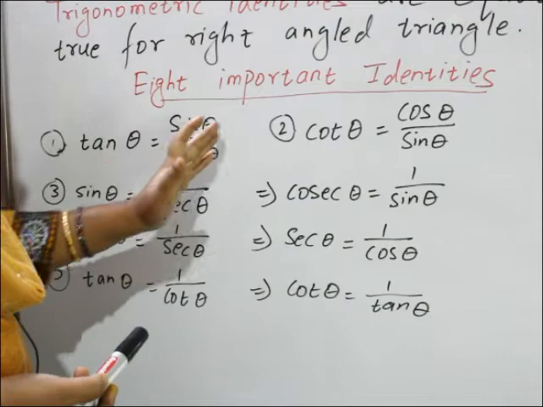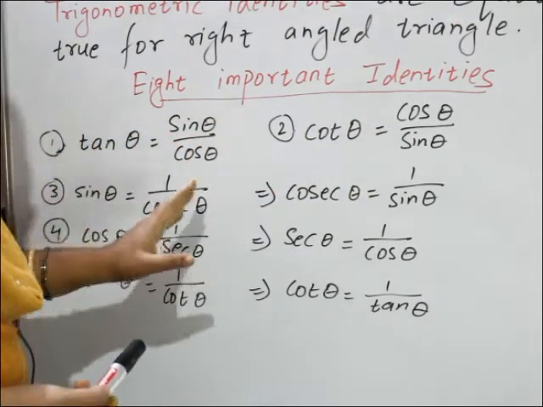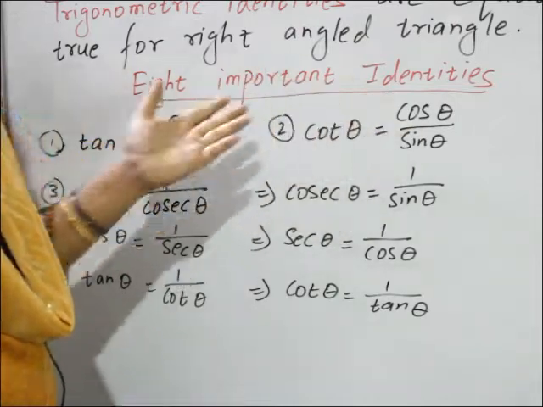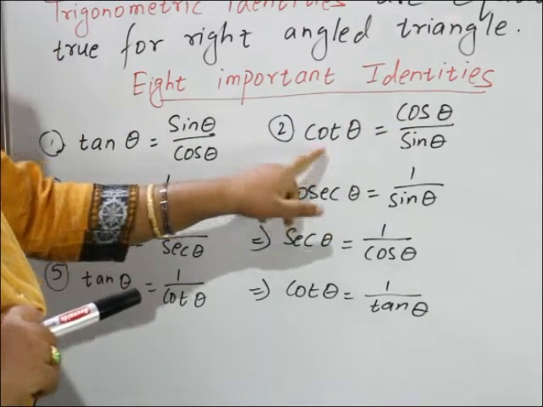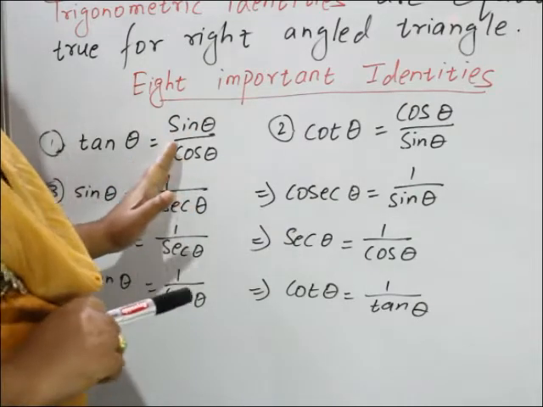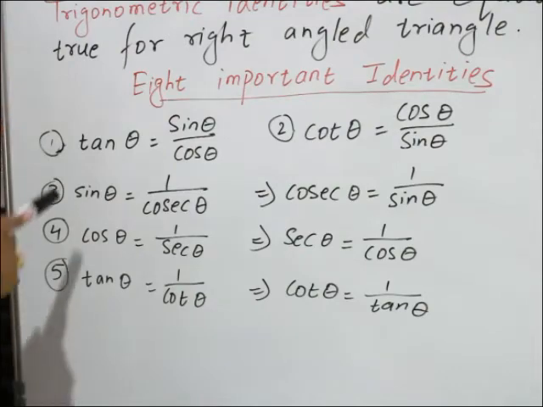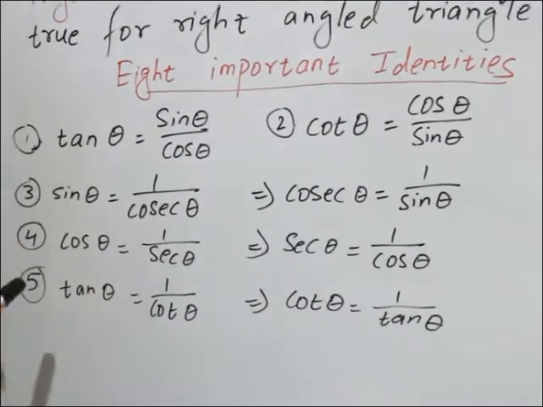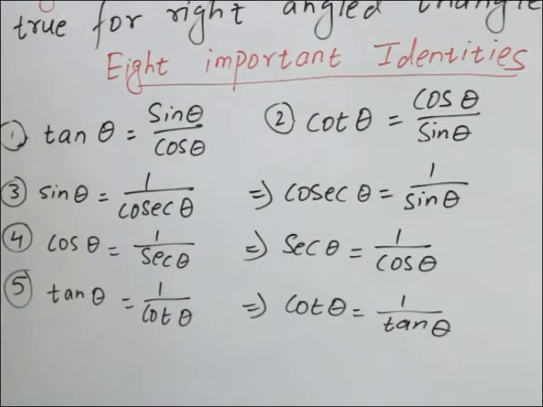So, as the LHS are reciprocals of each other, the RHS are also reciprocals of each other: sin theta by cos theta and cos theta by sin theta. Clear? So, tan theta equals sin theta by cos theta, cot theta equals cos theta by sin theta.